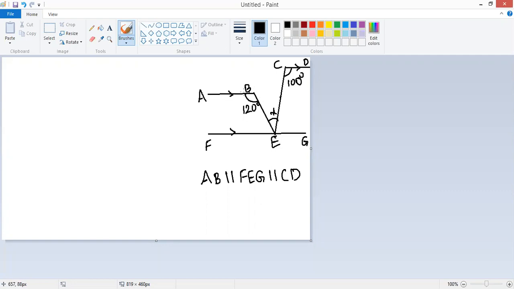If you observe, angle ABE and angle BEG are alternate interior angles, because they are on opposite sides of the transversal and also in between the parallel lines.